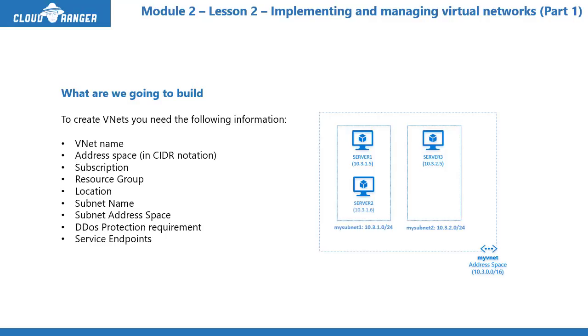But in Azure, this is already done for you out of the box. Okay, very important concept for the exam is that communication between these subnets within the same VNet is allowed by default.